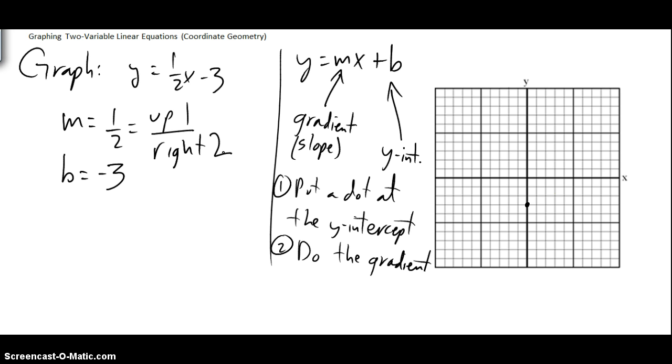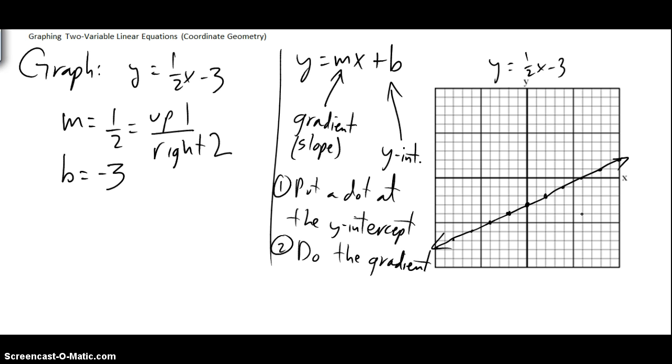From here we go up 1, right 2, up 1, right 2, and we keep repeating that. It's the same thing as down 1, left 2. We keep repeating that pattern and then connect the dots, and that is our line. So we graphed y equals 1/2 x minus 3. It's always a nice idea to put the equation above the graph.